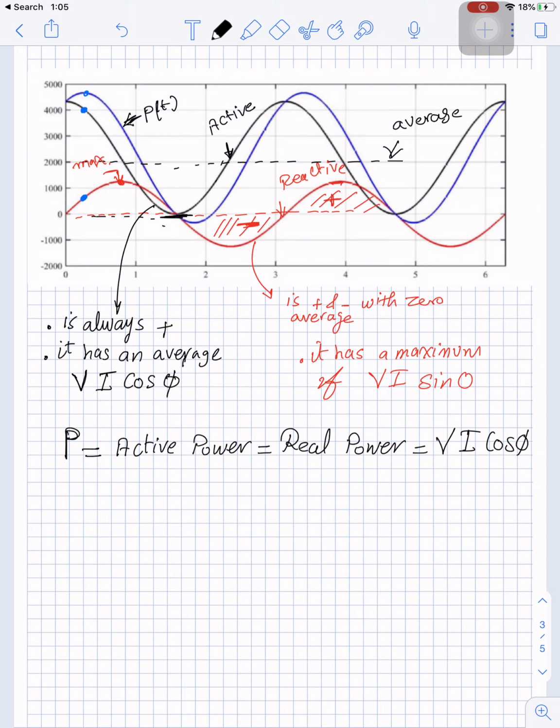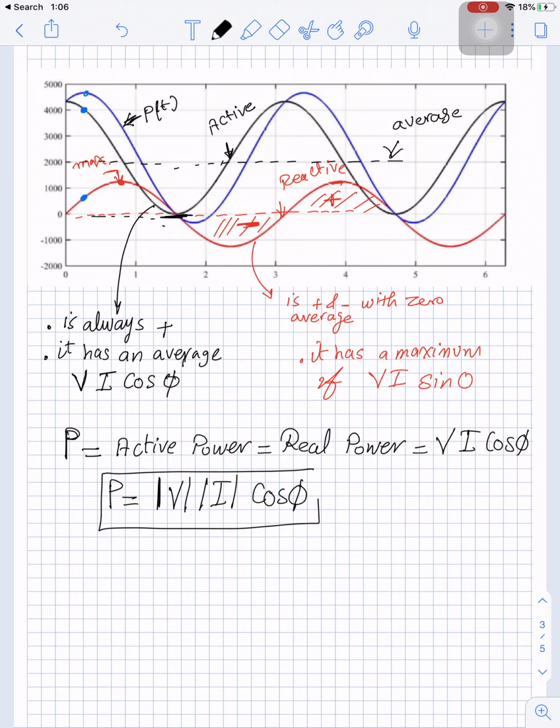Please don't forget that P is a value. P is the average of the waveform. P is not a vector. P has no angle. P is not a function of time. So the active power is VI cos phi, or I write it as magnitude V, magnitude I, cos phi.